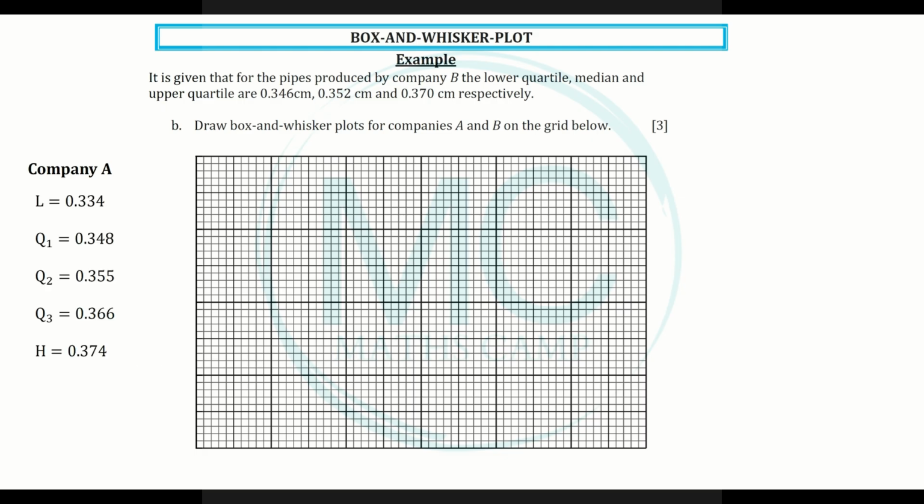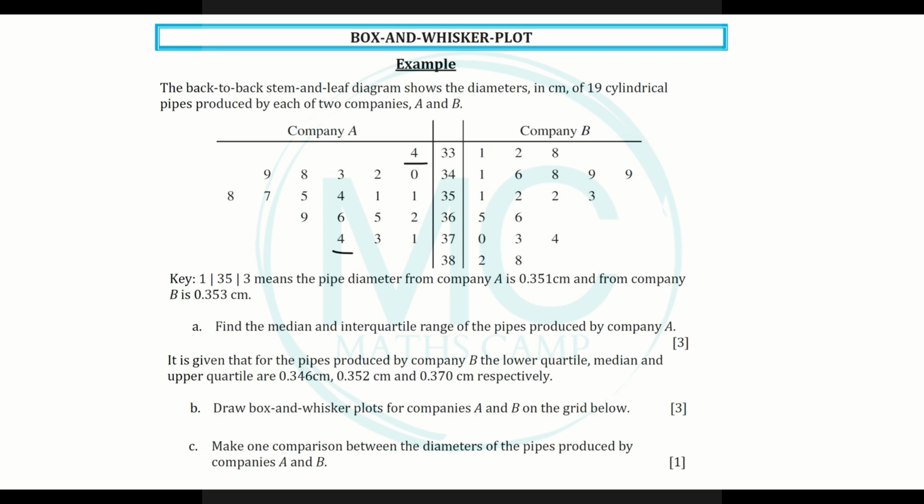Now we need details for company B. The question gives us Q1, Q2, and Q3, but we still need the lowest and highest values. So let's go back to our stem and leaf diagram. The lowest value is 0,331, and the highest is 0,388.